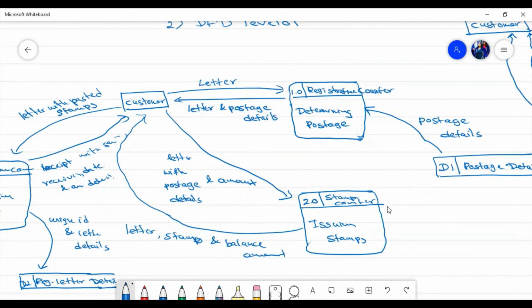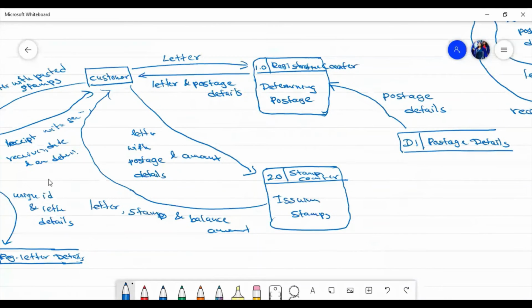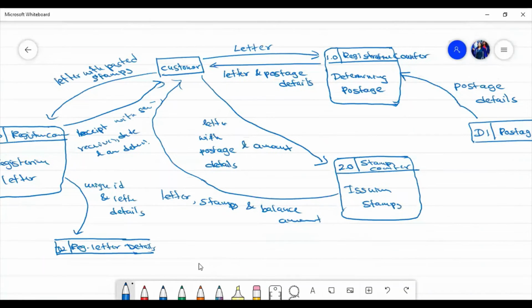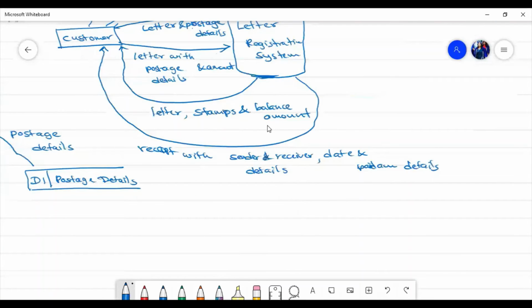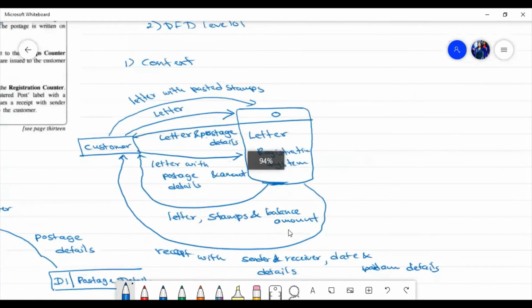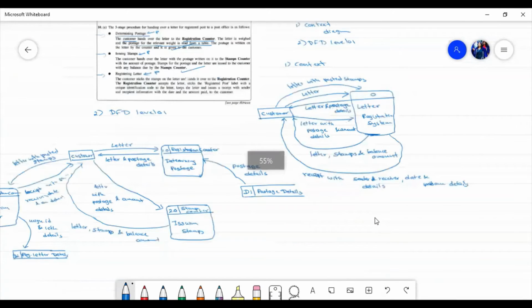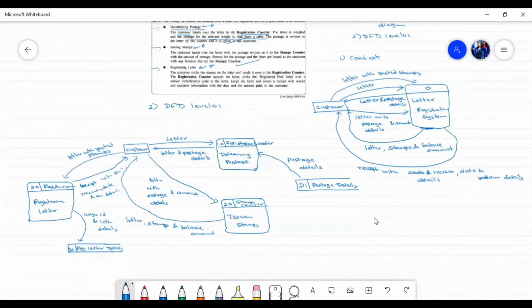That's the idea, right? So here, by combining the first process, second process, and third process, we would get this particular system. That's the idea. So this is the context level diagram, and this is the DFD level 1 diagram, right? So is it clear for you, children? Any questions, anything you want to clarify? Very easy questions, like to be scored.